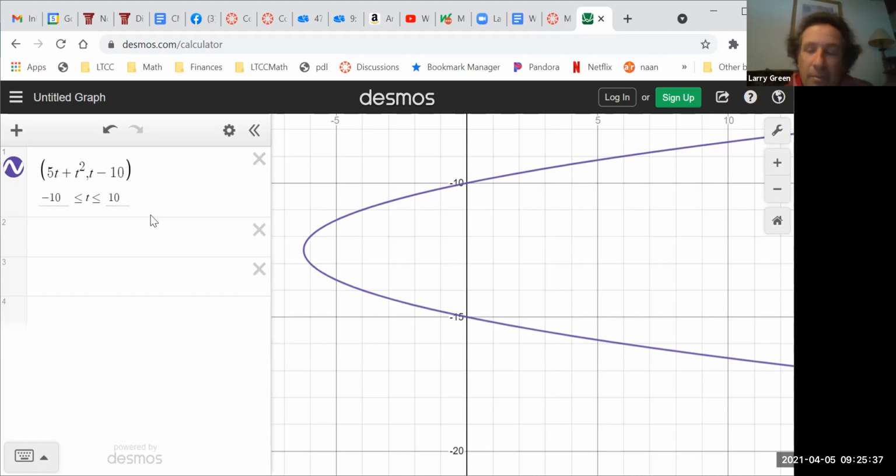By the way, if you have a function that you're used to, do you think you could always write it in parametric form? What do you think? So do you think it's always possible to take a function like y equals sine of x plus x or something, and write it in parametric form?